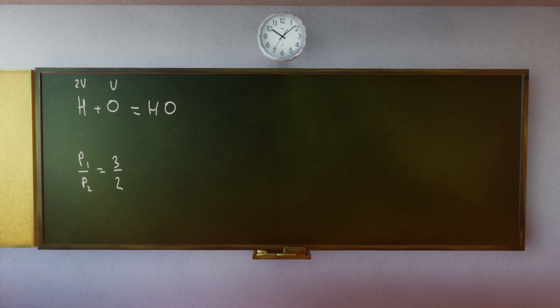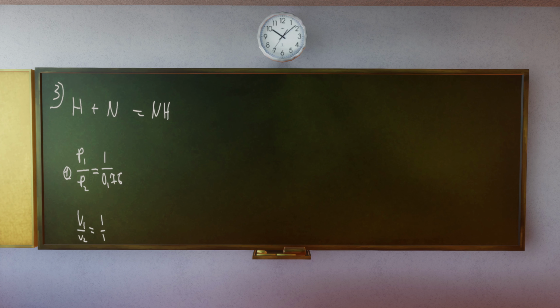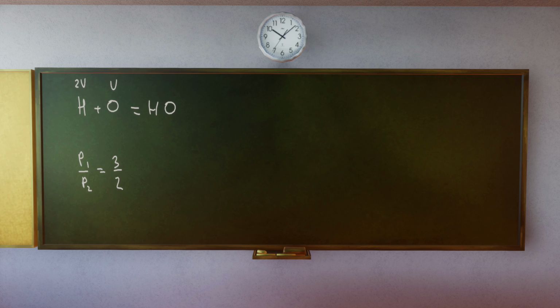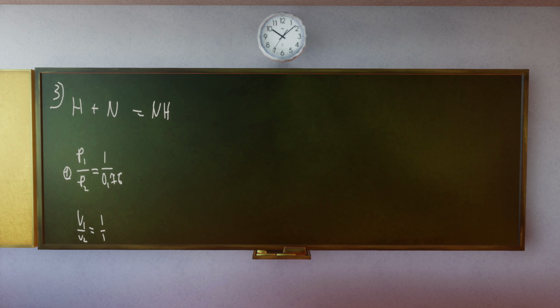Okay, let's look at the third one, hydrogen plus nitrogen. And again, the first time, when volumes were equal, the pressure ratio was 0.76, which is not an ideal number.